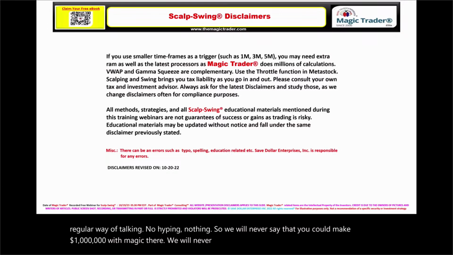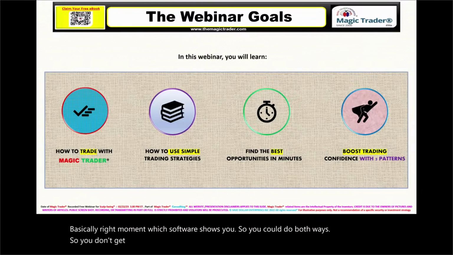The idea on this method is that you scalp until the currency or any security is taking off, and use that profit to do swing. If you don't want to do that, you wait for the right moment which the software shows you. So you could do both ways, and you don't get frustrated waiting. That's why it was designed.